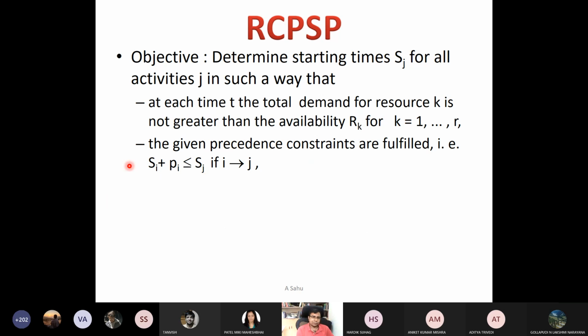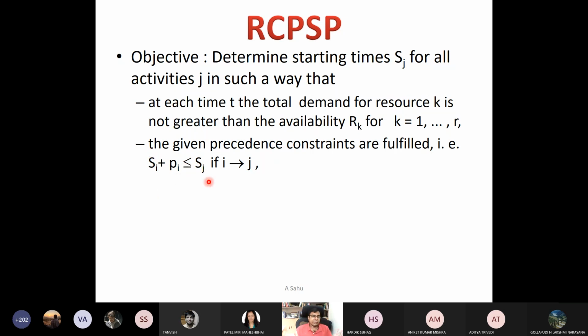Then the start time of j, Sj, should be greater than the starting time of the ith task plus the processing time of i. The other way around, Si plus Pi should be less than or equal to Sj. That means after finishing the ith task, only then can we start the jth task.